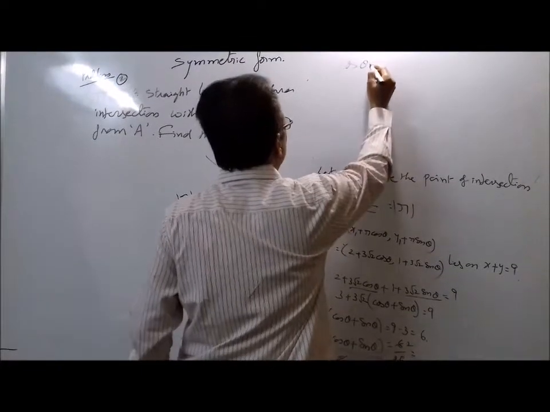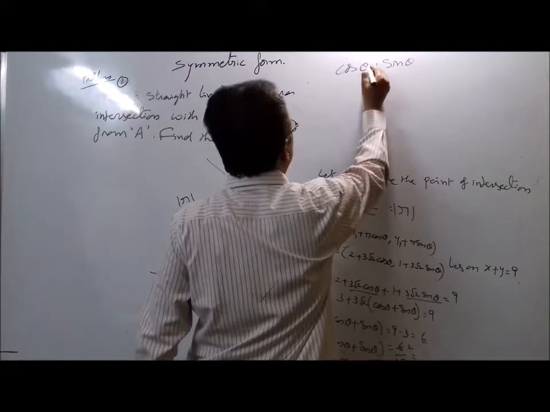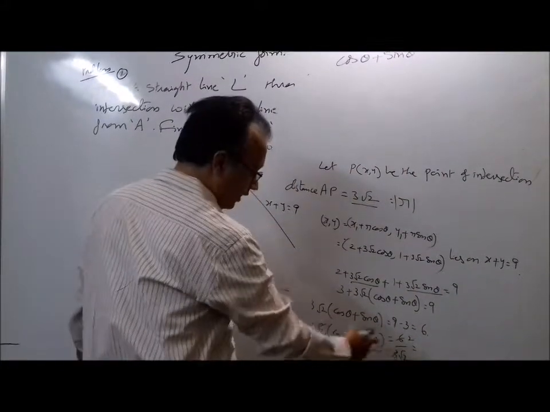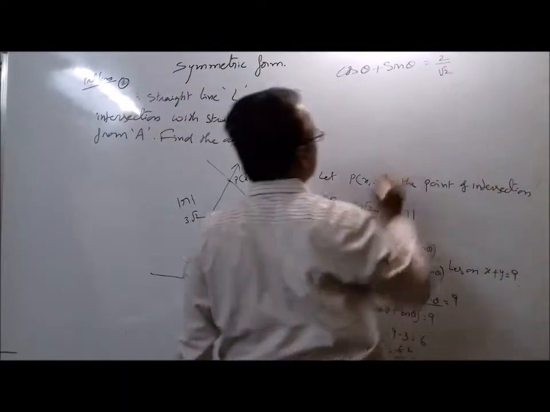Cos theta plus sin theta, and here it is 2 by root 2.